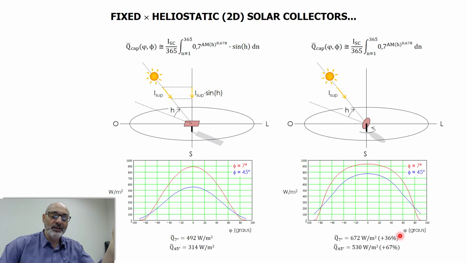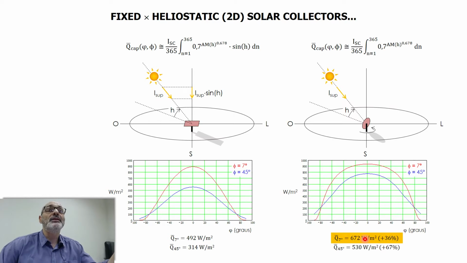Well, it's a significant increase, but in a higher latitude you have a very significant increase. So if you were to build this power plant in high latitudes, I would say it's impossible not to choose this kind of mirror.